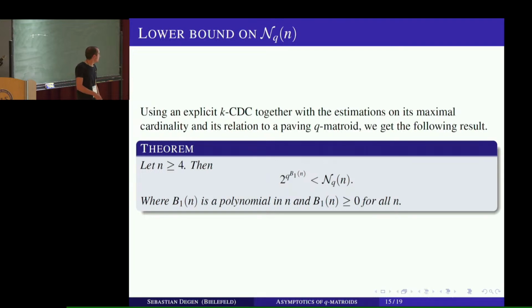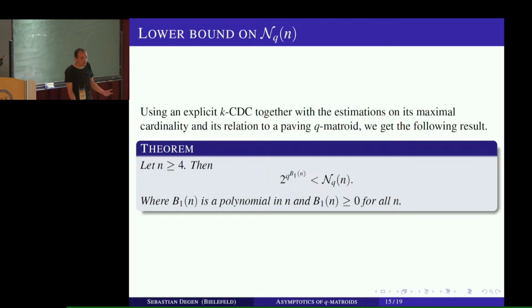Let me just say this v1(n) is a polynomial in n, and it's always greater or equal to 0 for all n. But note that this is actually a double exponential bound, and so we completed our first task. We bounded the number of q-matroids in the way we wanted to.